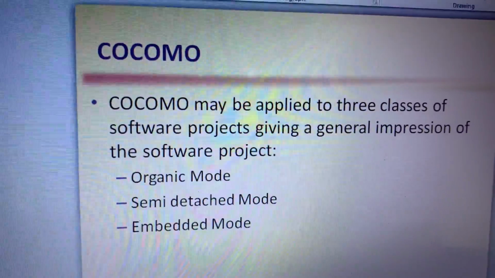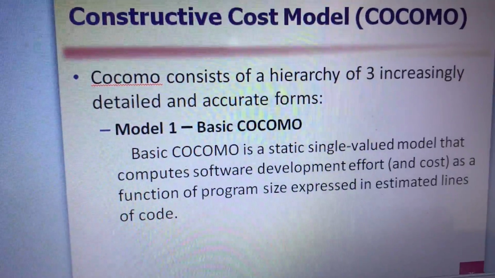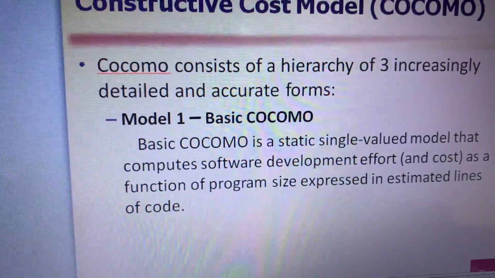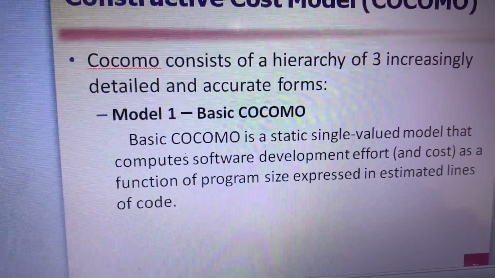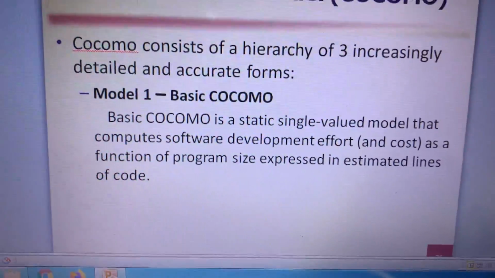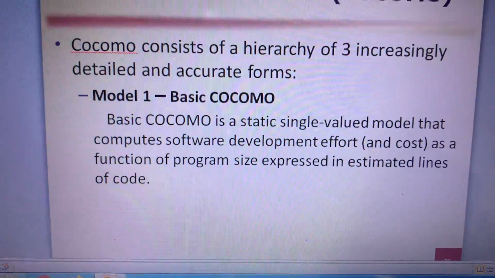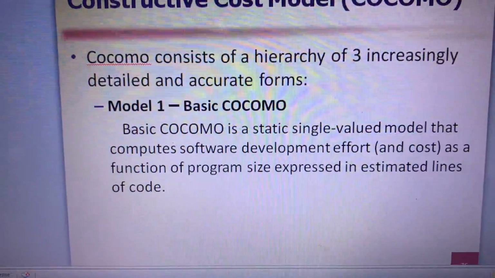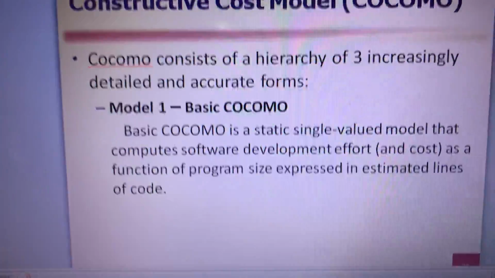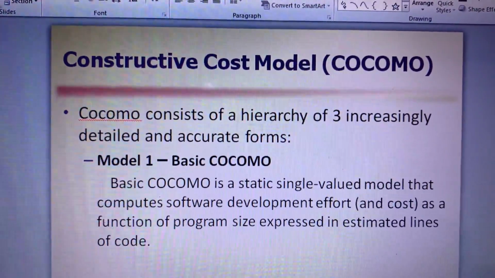COCOMO has three models: basic COCOMO, intermediate COCOMO, and detailed or advanced COCOMO. It was introduced in 1981, and it is also called COCOMO 81. Basic COCOMO has three versions, intermediate has three versions, and advanced has three versions.